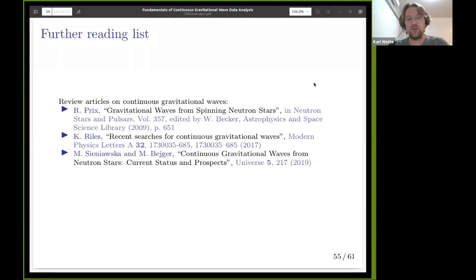That's the typical frequency range. For the spin-downs, it tends to vary a little bit, but typically something like 10 to the minus 9, 10 to the minus 8 is the spin-down range that those searches cover.